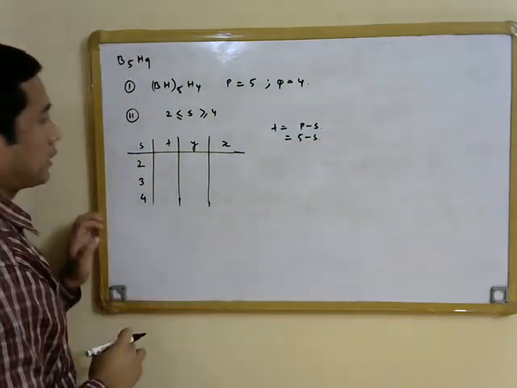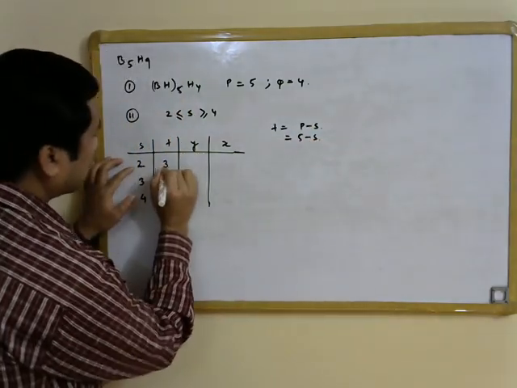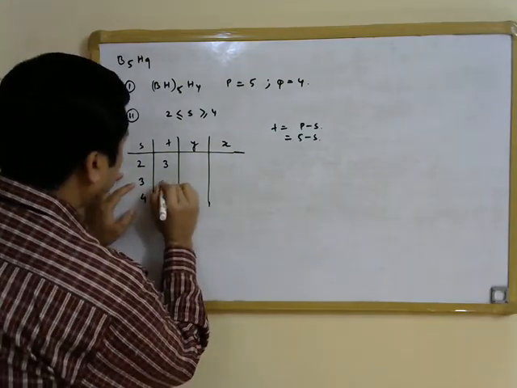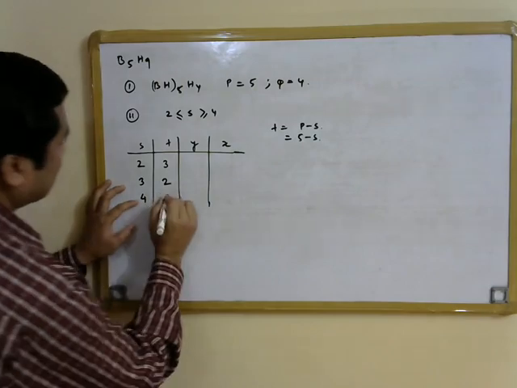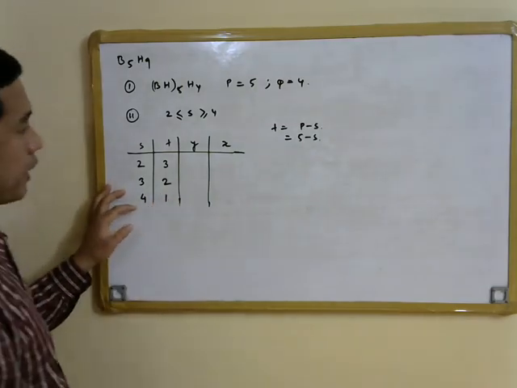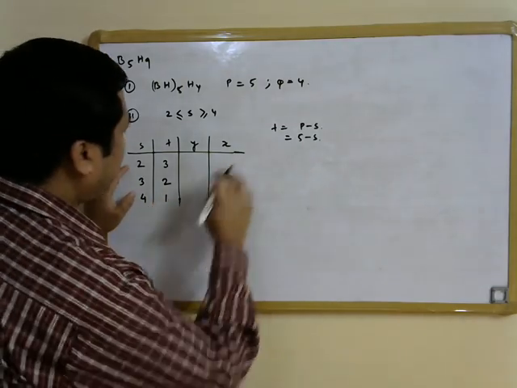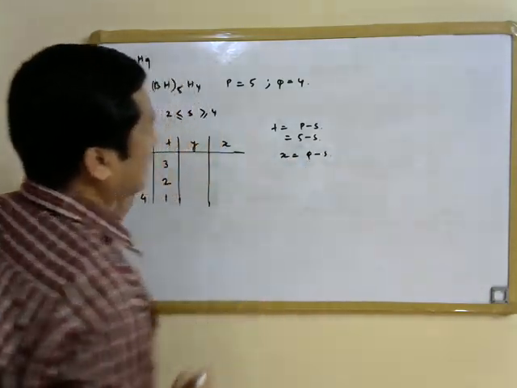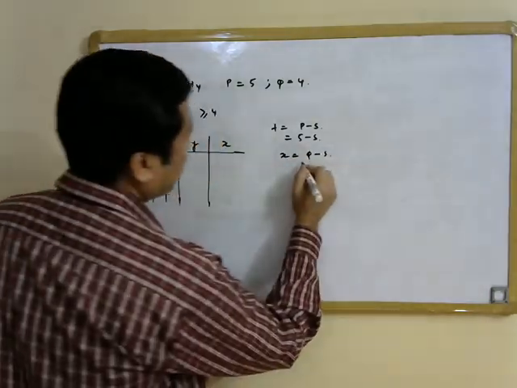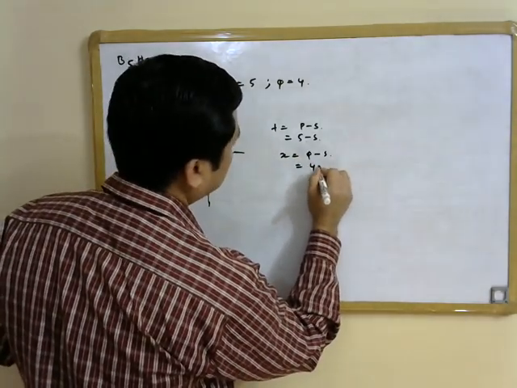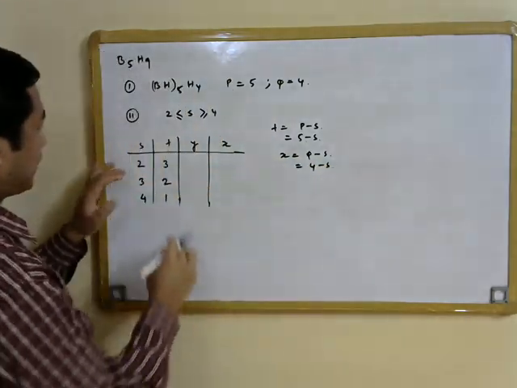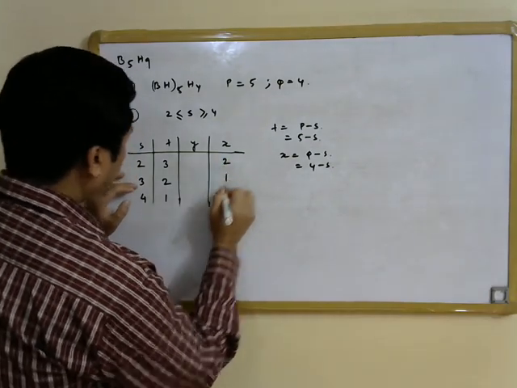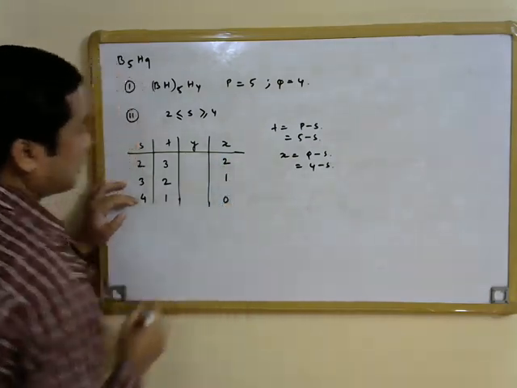So 5 minus S, so T is equal to 3 here, and this is going to be equal to 2, and this is going to be equal to 1 here. And then for the value of X, we can write Q minus X is equal to S, and Q is equal to 4. So 4 minus S gives X equal to 2, this is 1 and this is 0.